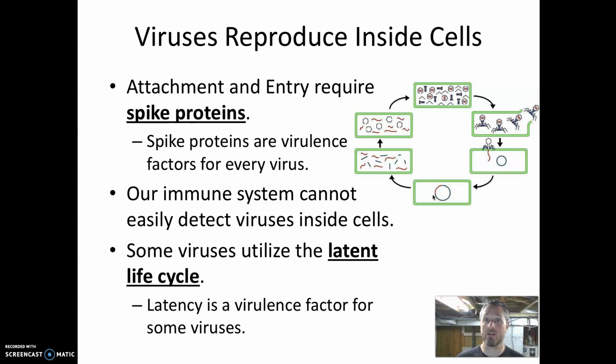Examples would include chickenpox, right? The chickenpox virus goes latent in some of our ganglion nerve cells, and then years and years later, our immune system knows the chickenpox virus is bad, but cannot find it and eliminate it. And then years and years later, that chickenpox virus reemerges and causes shingles. Another example might be the HIV virus, right?